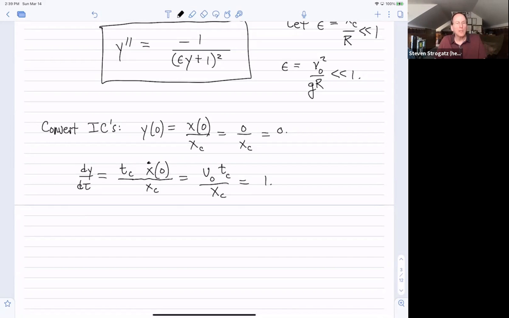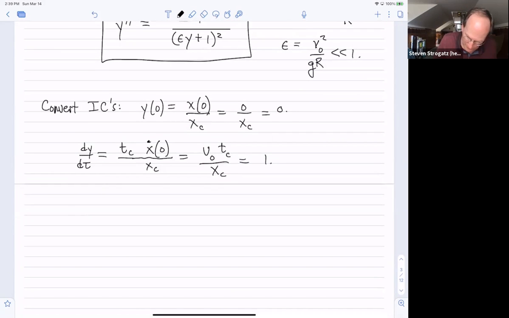It's pretty beautiful. I mean, we knew it had to be something dimensionless, but it comes out to just be 1 in this way of doing things. So we don't have to drag around all those parameters with us. All right, so now we're just solving the problem where our initial position in the y variable is 0, and the initial velocity is 1.